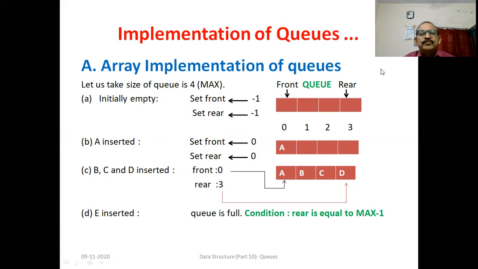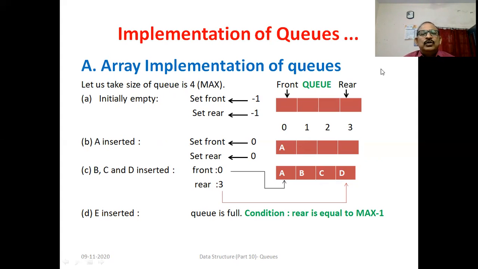In the same way, suppose we want to add B. In this case, first we increment the rear pointer by 1 and place B at that location. Here in the picture you can see B is placed at location 1.